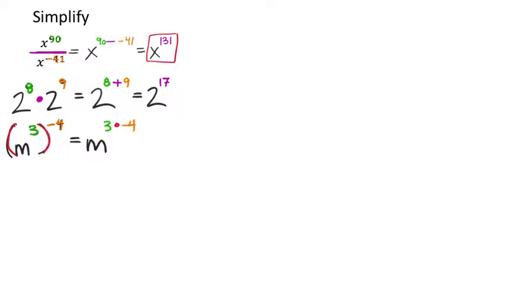So yeah, this one you're multiplying the exponents, so we now have m to the power of 3 times negative 4, that'd be negative 12. And the last thing I'd do on this one is just make it a fraction, so that'd be 1 over m to the power of positive 12, because we want positive exponents, okay?